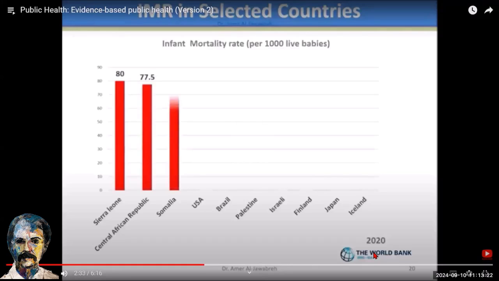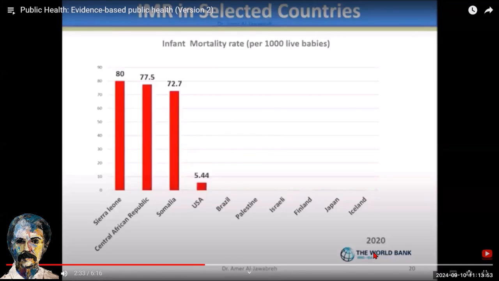Sierra Leone, an African country, sub-Saharan; Central African Republic, sub-Saharan; Somalia, sub-Saharan. So the sub-Saharan countries, unfortunately, are underprivileged and they have very high figures in terms of IMR, MMR, and many others, okay? This area is really underprivileged, sub-Saharan Africa.